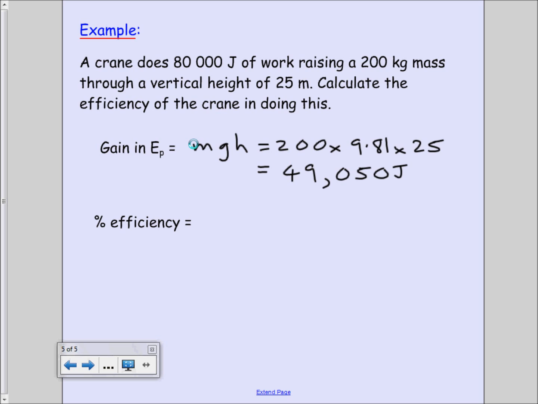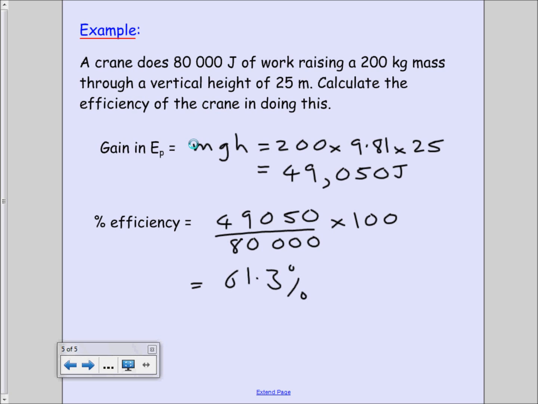So the percentage efficiency would be the ratio of 49,050 divided by the energy that has been put into the system, 80,000, and let's just multiply that by 100 to turn what would be simply a decimal value into a percentage value, and we get 61.3%.